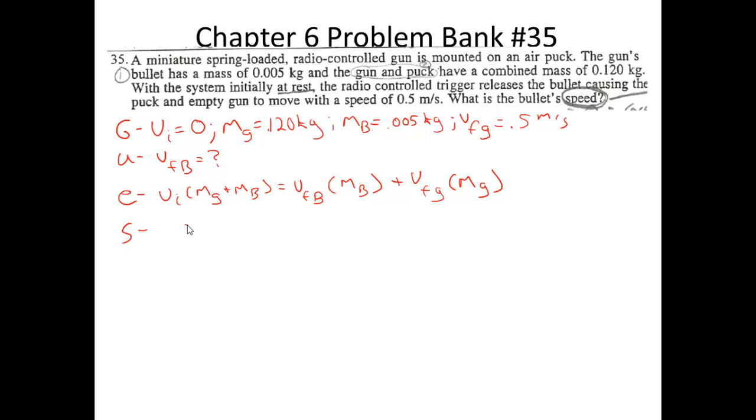Substituting everything in, 0 is equal to final velocity of the bullet times 0.005 plus 0.5 times 0.120.